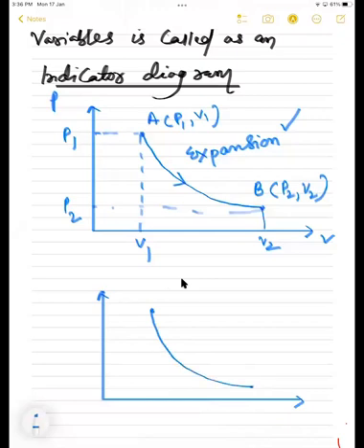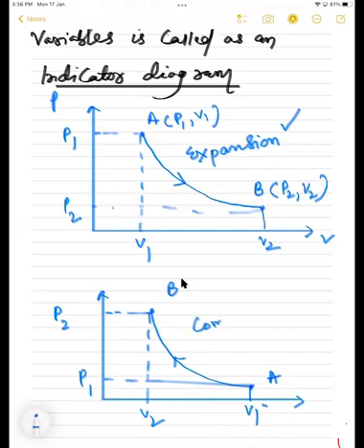Let this be point B, this be point A, the arrow is like this. This is P2 and the volume is V2. This is V1, the initial case, and the pressure is P1. So this is compression, volume is decreasing. Understanding, students?